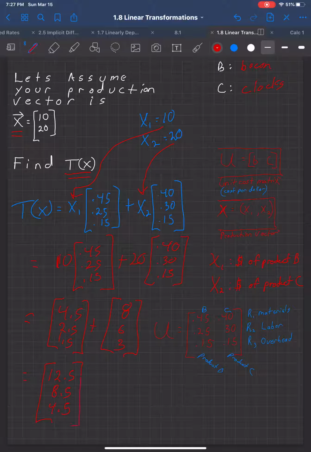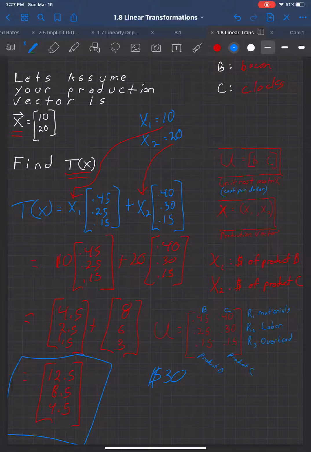Now, I promised you that after we did the work, we'd come back and figure out what you just did. You had an idea, you had a dream, and you were willing to throw $30 at this idea of yours, $30 worth of the production of bacon and clocks. $10 into the bacon category, $20 into the clocks category, and after running through that matrix operation, what came back out?